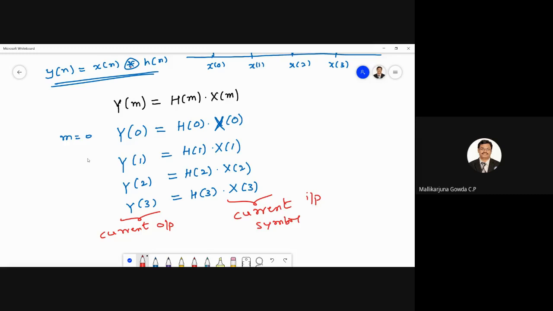Have you understood how we have eliminated inter-symbol interference, that is ISI, in frequency domain of each OFDM symbol?